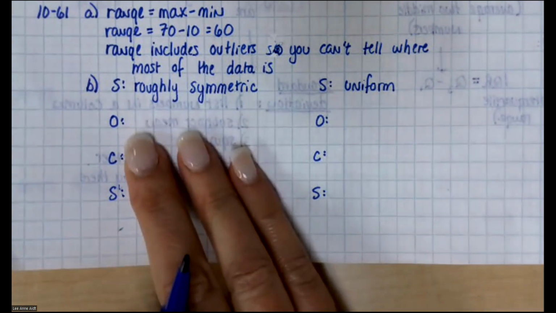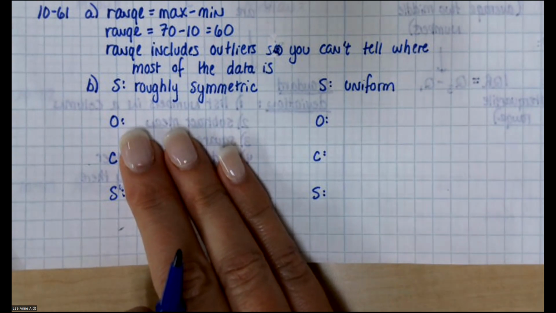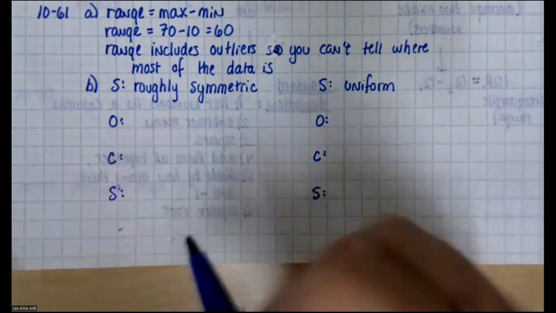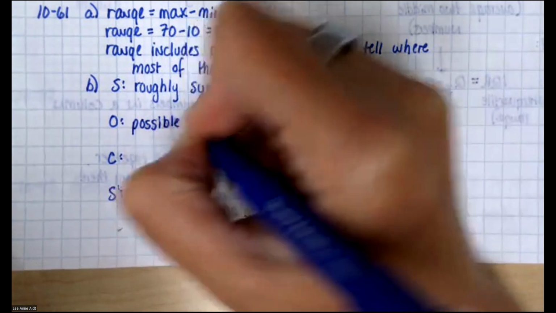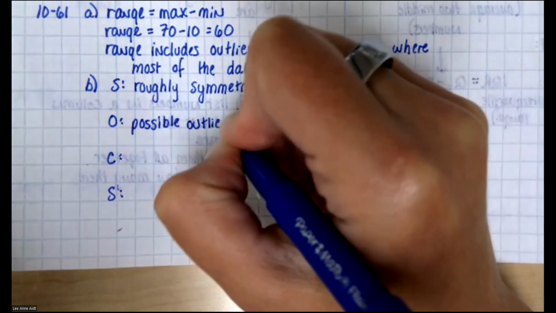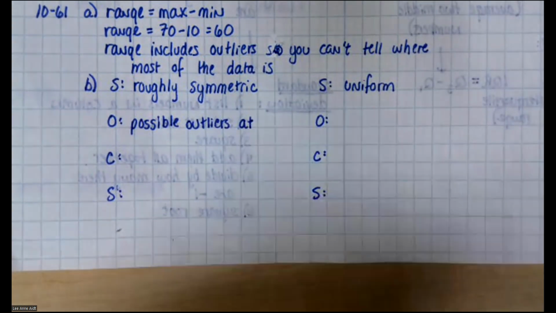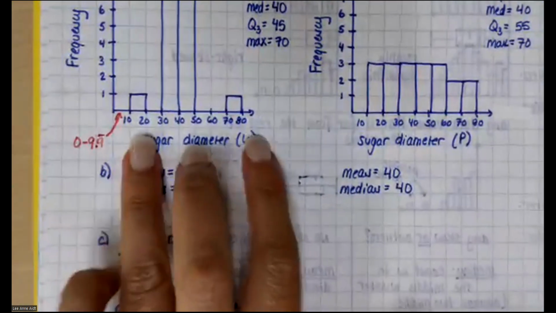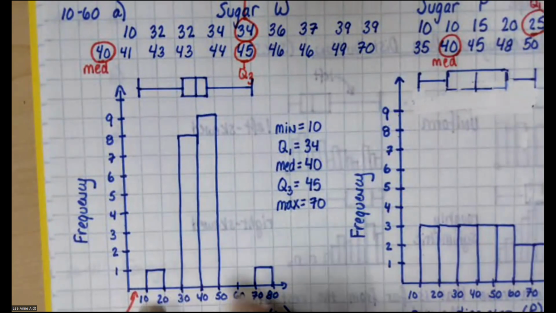Okay, does this one have outliers? Sugar W? Yes. And what numbers were our outliers here and here? If I go back up to the data set, what numbers are these two boxes in my histogram?